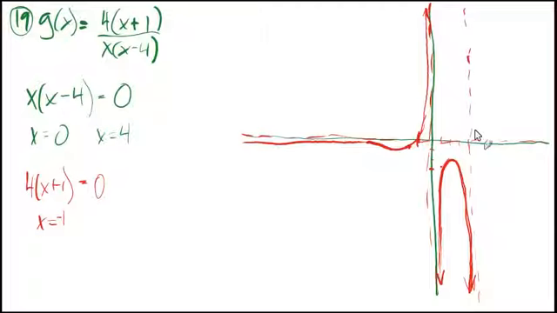And on the other side, this doesn't cross the x-axis. We know it's got to come like this or like this. So we've got to decide, is it up here or is it down here? Put in a 5. 5 plus 1, that's 6. 6 times 4, that's 24. And you put a 5 here. 5 minus 4 is 1. 1 times 5 is 5.